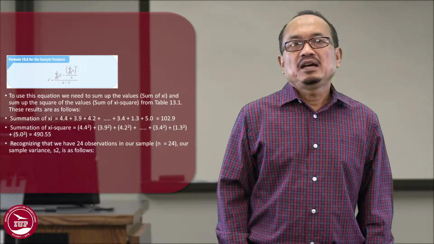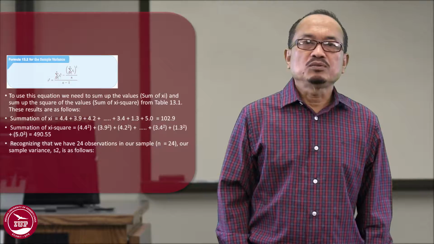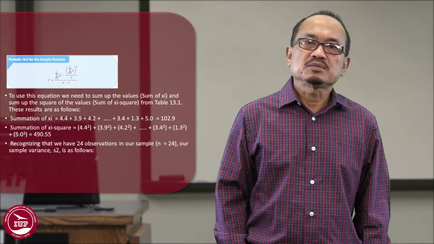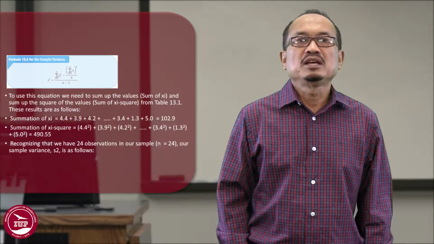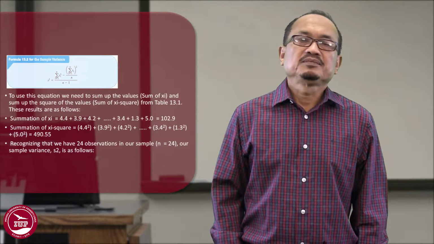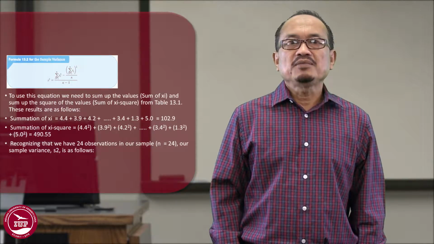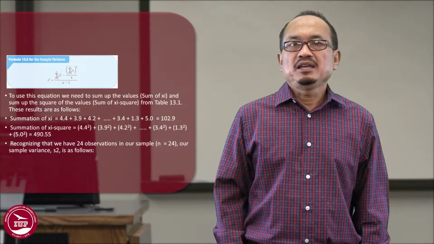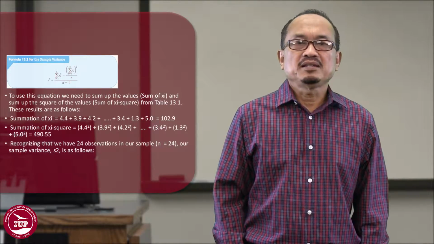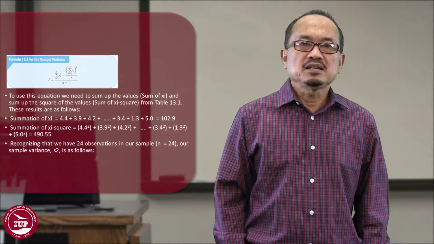Summation of xi squared is equal to 4.4 squared plus 3.9 squared plus 4.2 squared and so on, equal to 490.55. Recognizing that we have 24 observations in our sample, or n equals 24, our sample variance s squared is as follows.